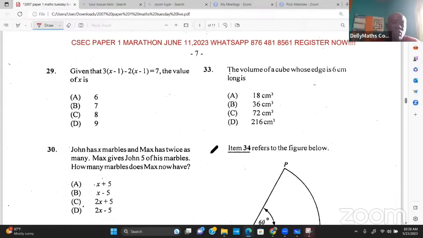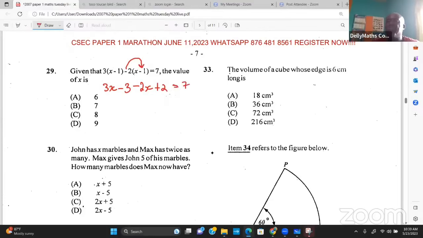All right. We're going to 29. 29 says, given that 3 times the bracket x minus 1, minus 2 times the bracket x minus 1, equals 7, we want to solve. So we're just going to have to clear this up. So let's distribute: 3x minus 3, then minus 2x plus 2. This is where the issue is. Negative 2 times negative 1, that's a positive 2, and this is equal to 7.